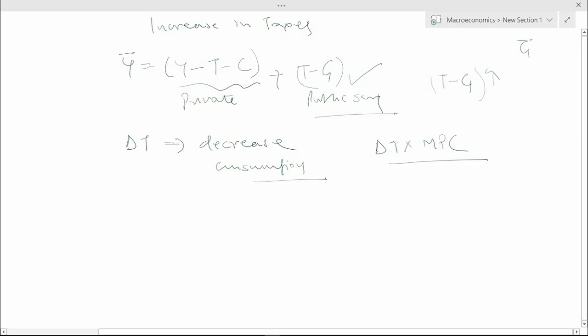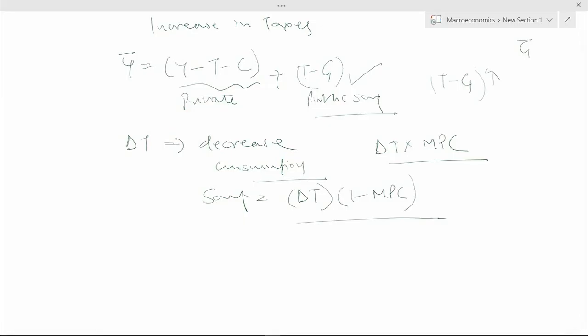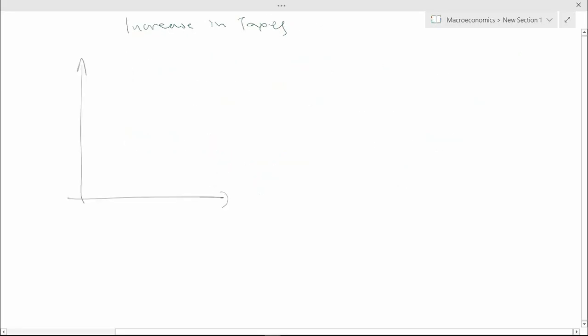So an increase in tax would actually decrease consumption by the factor of marginal propensity to consume.